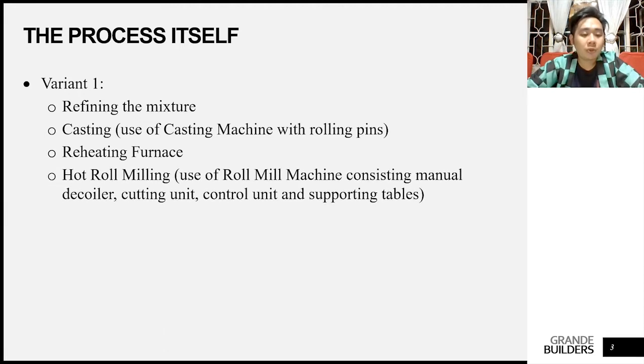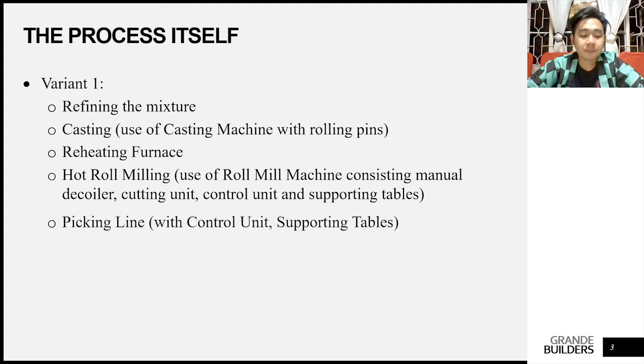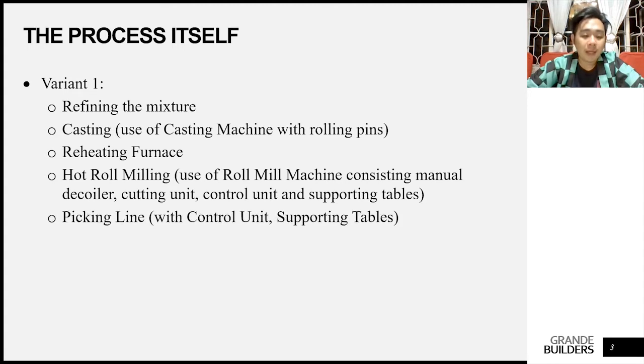Then use the hot roll milling, said to be used for a roll mill machine consisting of manual decoiler, cutting unit, control unit, and supporting tables. Picking line. This is to control the unit, supporting tables.